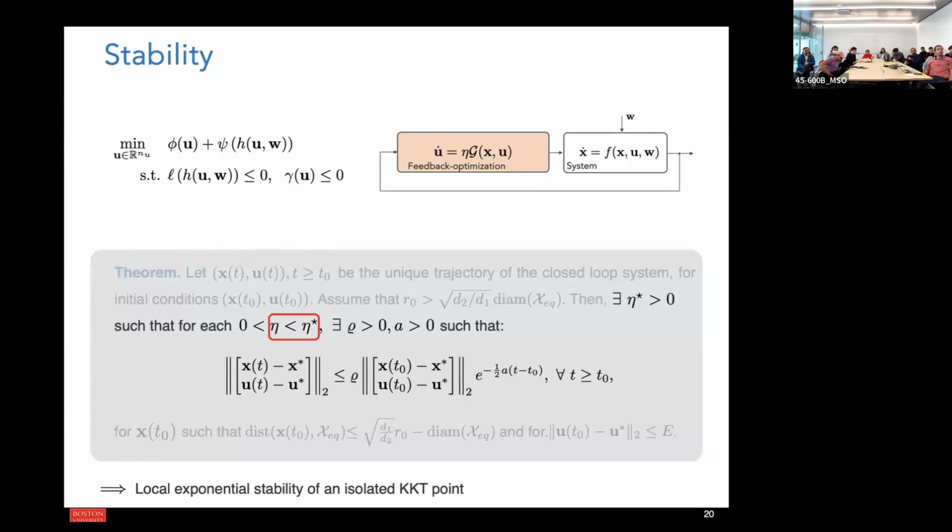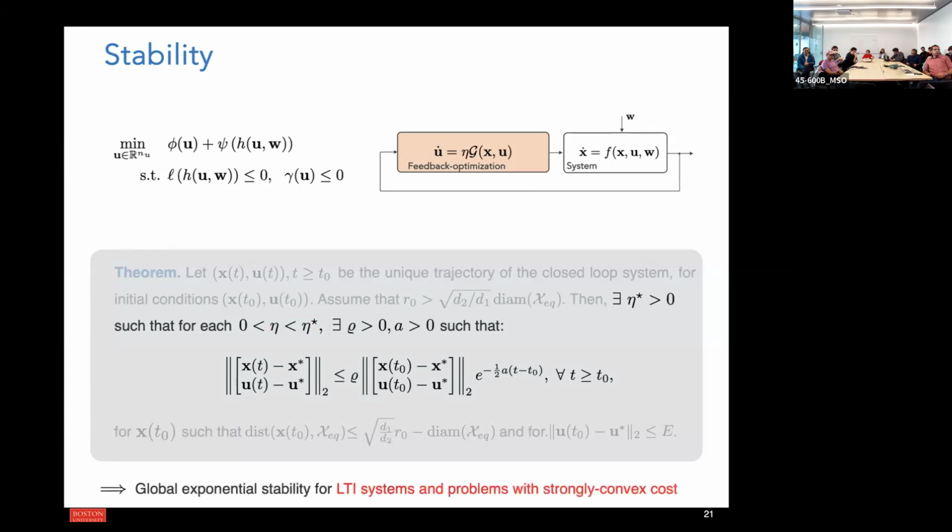So the distance of my x and u, the extended state of the system, from this equilibrium point decreases exponentially as time goes by, if I start at a starting point x(t0), u(t0) that satisfies some particular assumption that I'm not going to cover now. But this is a local exponential stability result for this interconnected system.